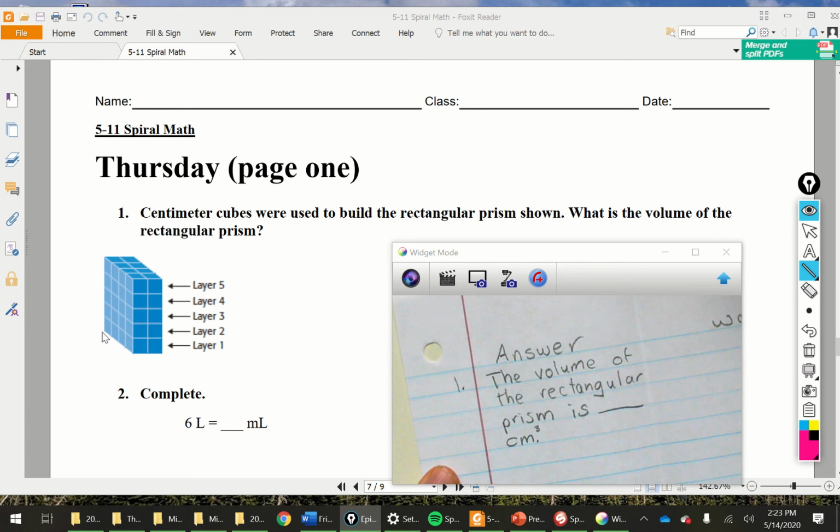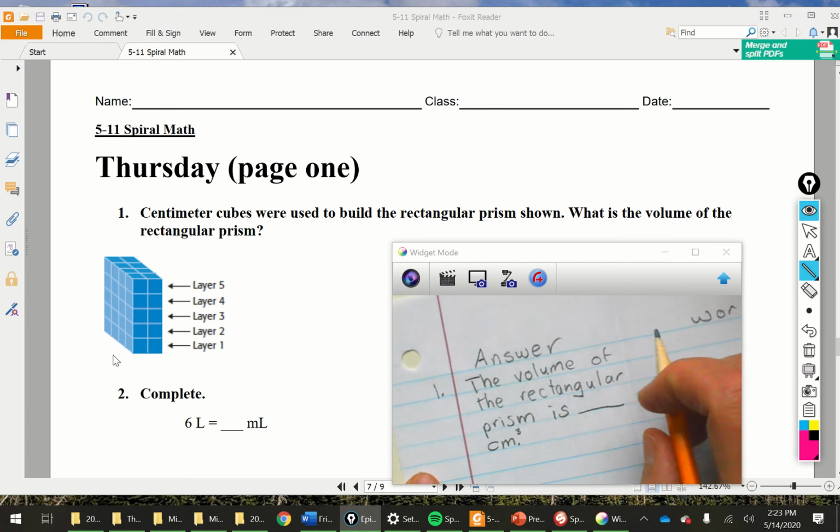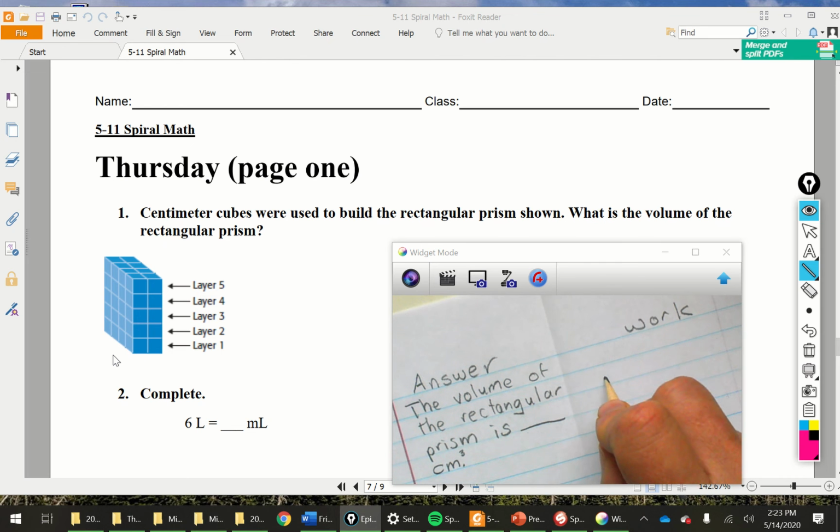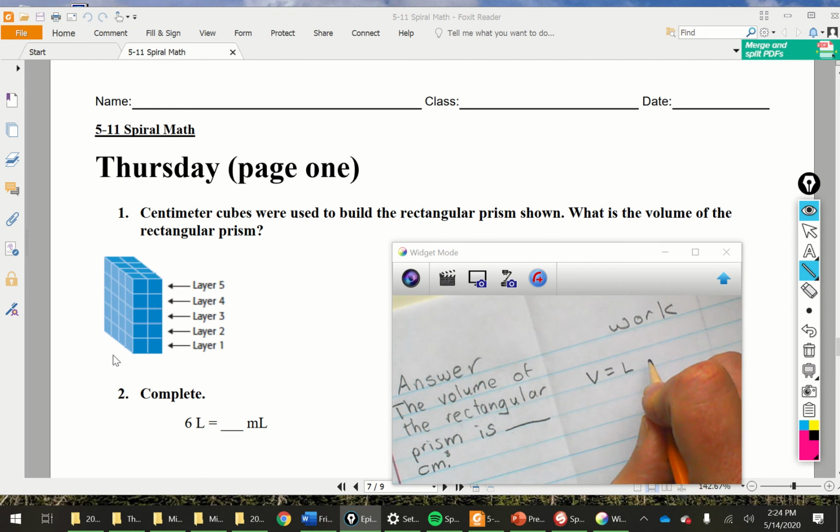We could do it one of two ways. We know that volume, and I think I'll do the easiest way to do this one. I know that volume is the length times the width times the height.